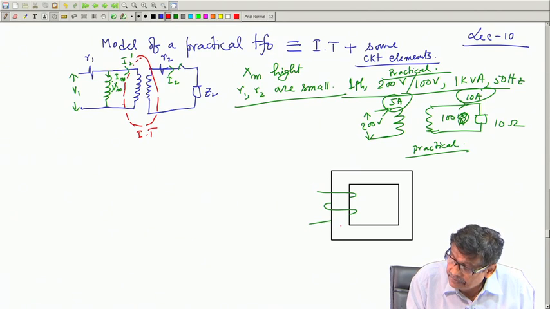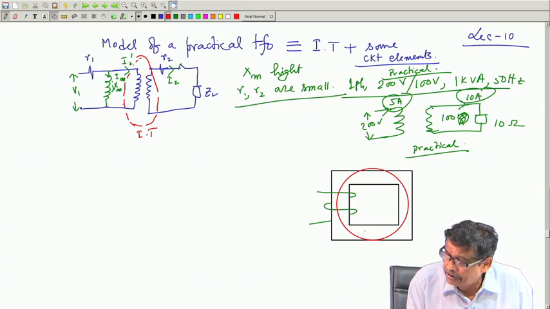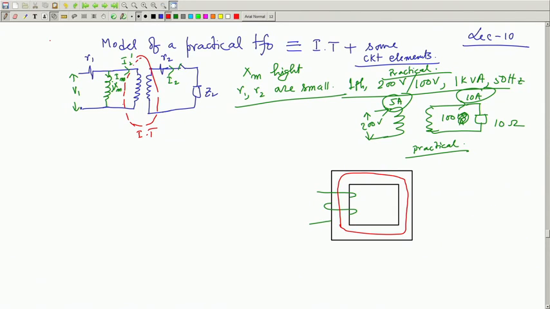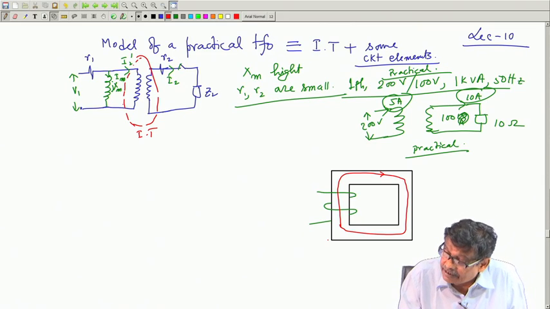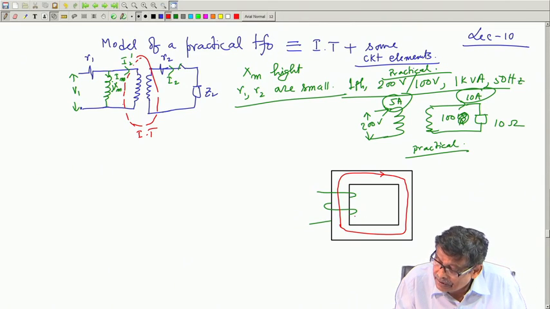There will be flux lines. Most of the flux lines will be confined to the core, because it will be highly permeable material. So, most of the lines of force will be confined, but maybe 2%, 3%, 4% of flux lines will complete their path through the air gap.